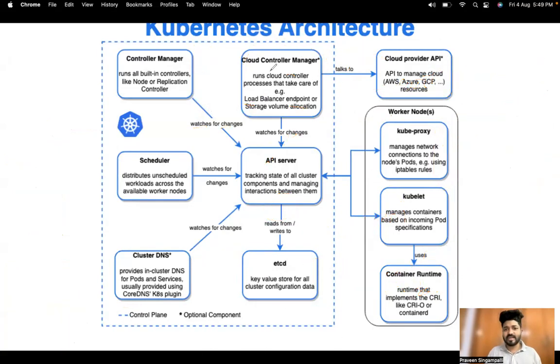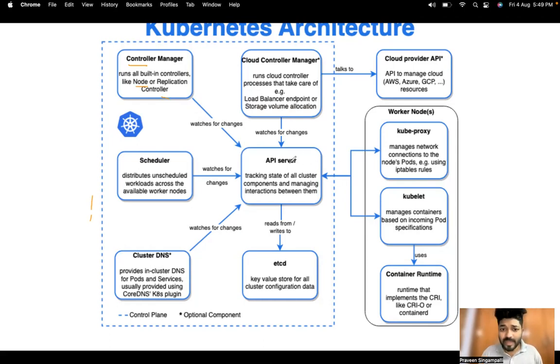And now you are seeing a very basic fundamental of Kubernetes, that is your Kubernetes architecture. I have kept the entire architecture here. You already know that this is your control plane on the left-hand side, and this is your worker node on the right-hand side. What each component is doing, I have written so that you understand. The controller manager runs all built-in controllers like the node controller and replication controller.